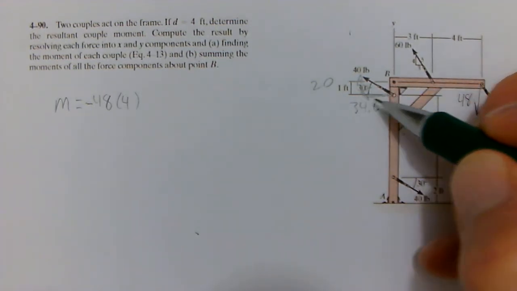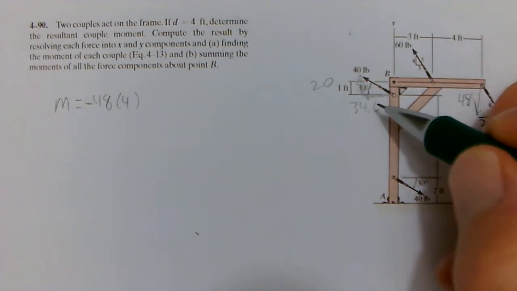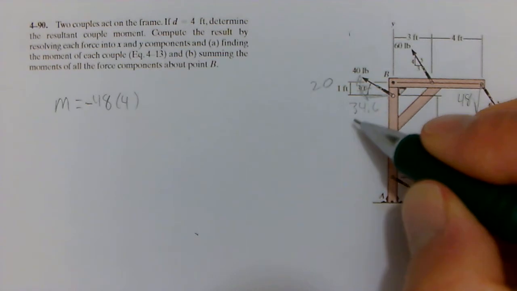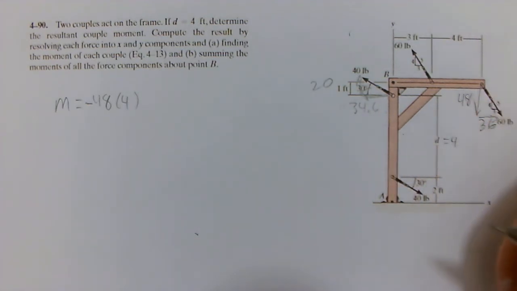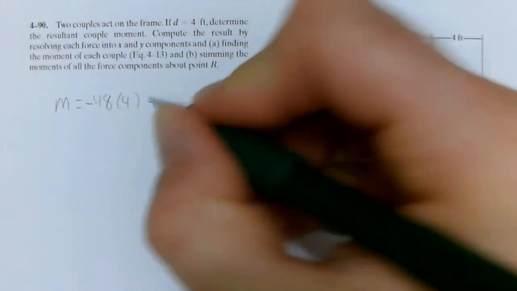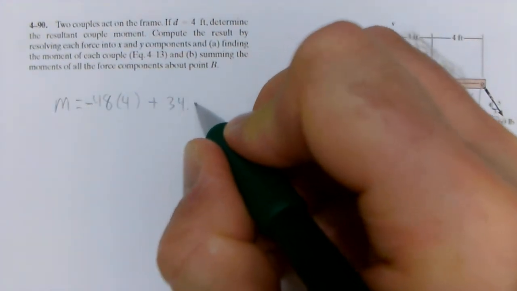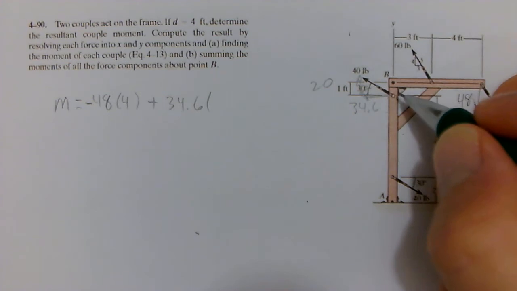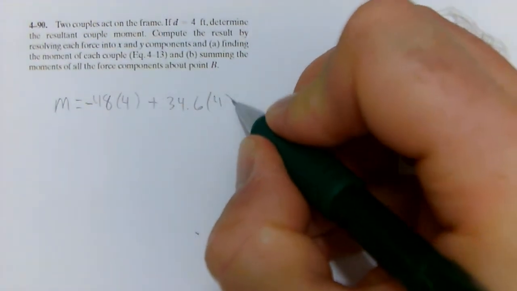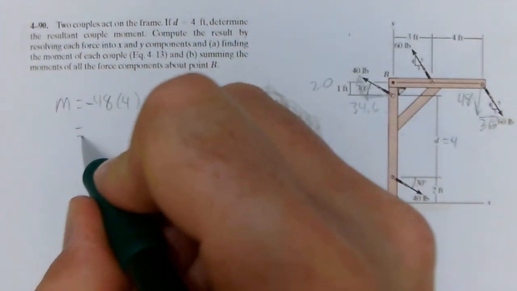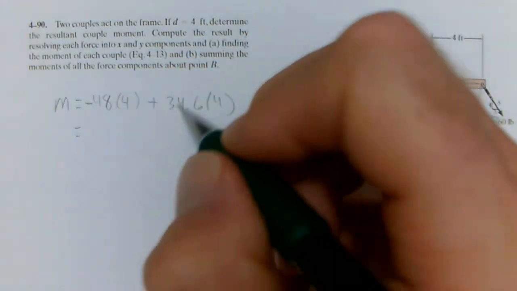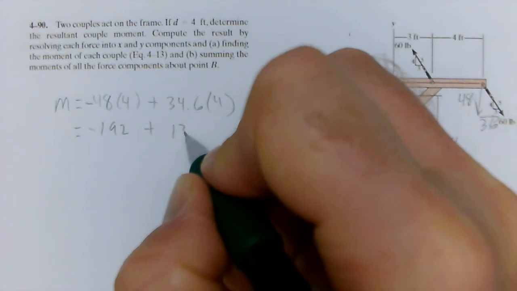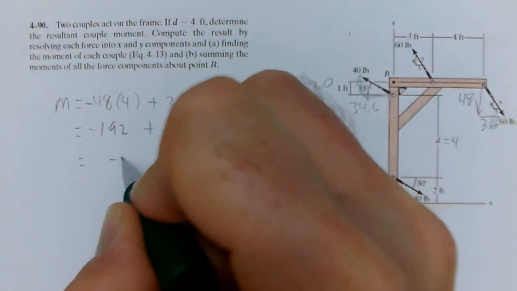And then the horizontal force is 34.6, and this is going to cause rotation this way, which is positive. So positive 34.6 times the distance between, 4. So that equals negative 192 plus 139, which is negative 53.